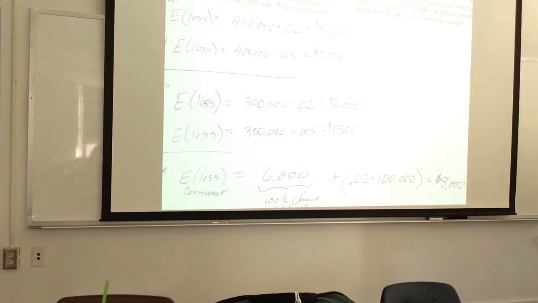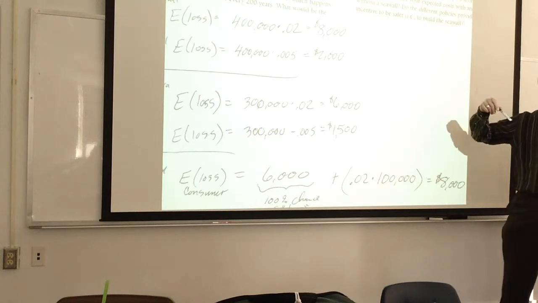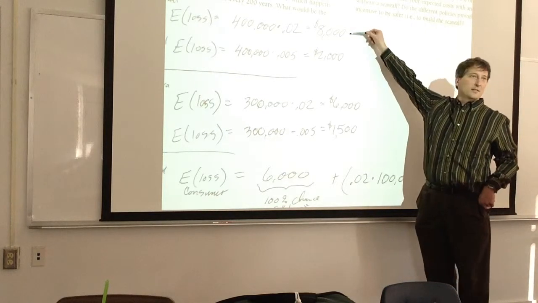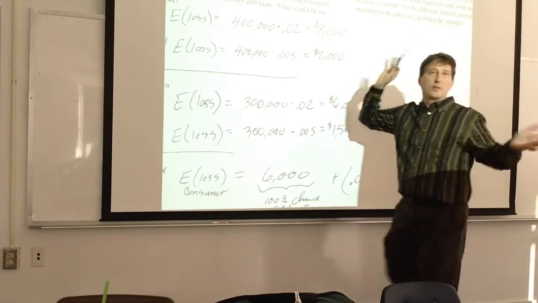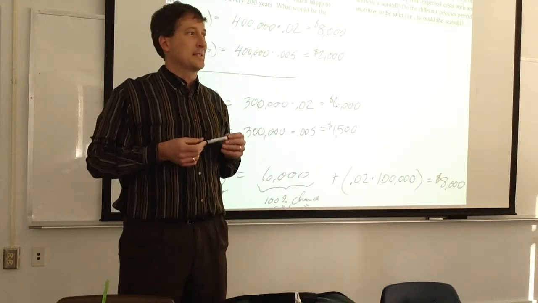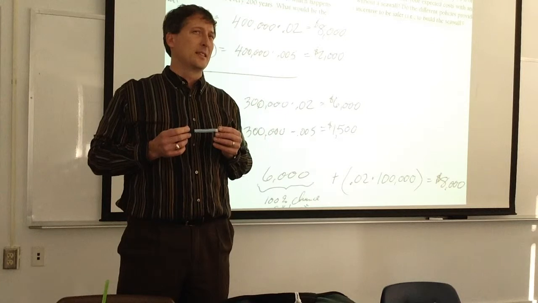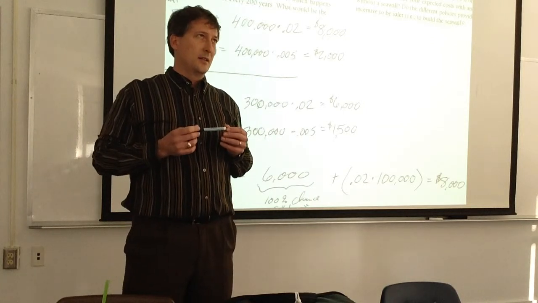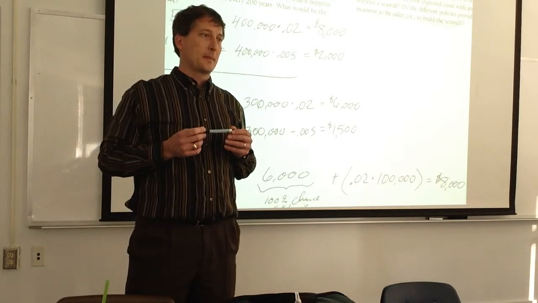So, expected loss 8,000, expected loss 8,000. Am I indifferent between these two policies? Flip a coin, I'll take either one. What's that, Chelsea? About what Katie brought up about how much the wall costs and everything that's gonna throw in.